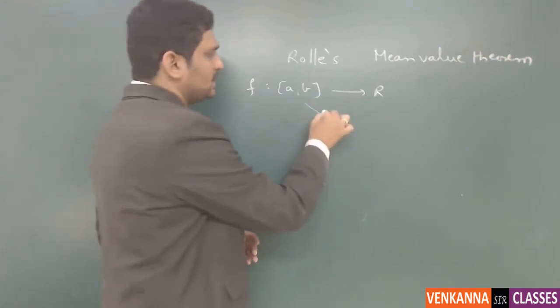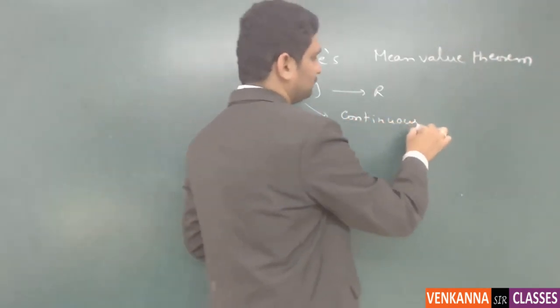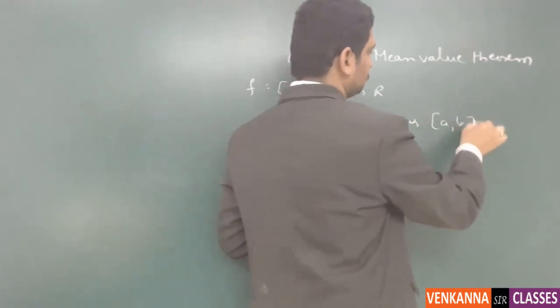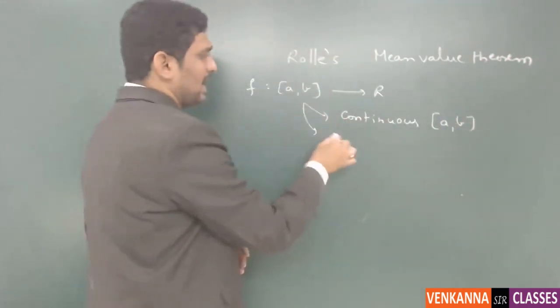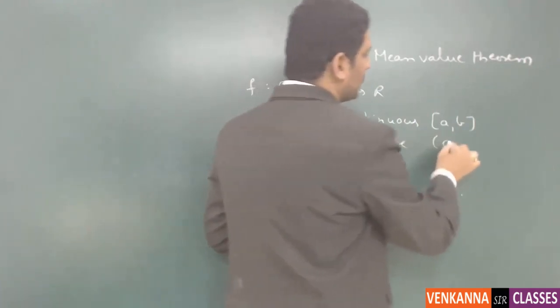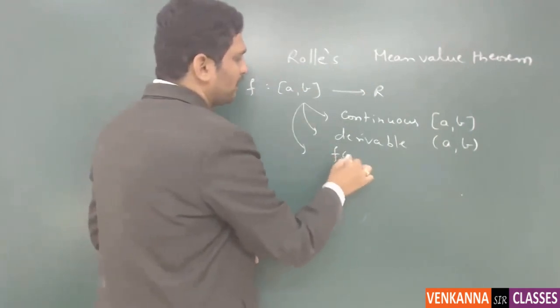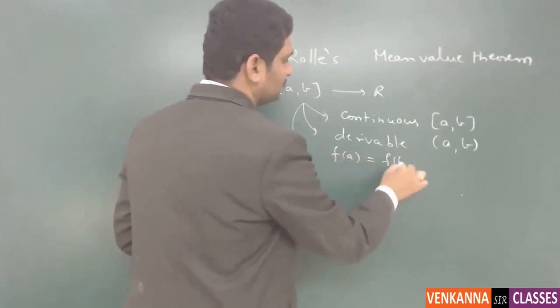So the property is it must be continuous on the closed interval and derivable on the open interval, and f of A and f of B must be equal.